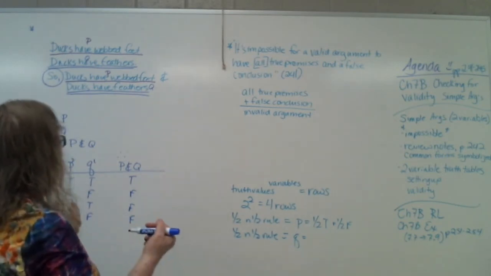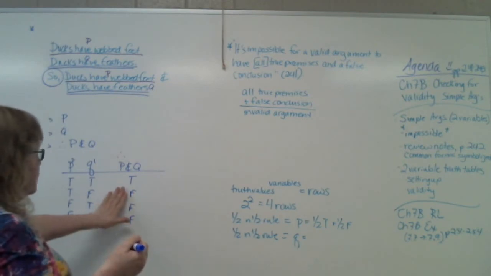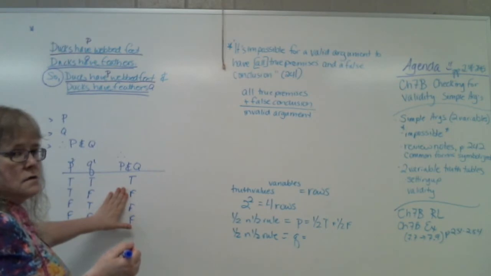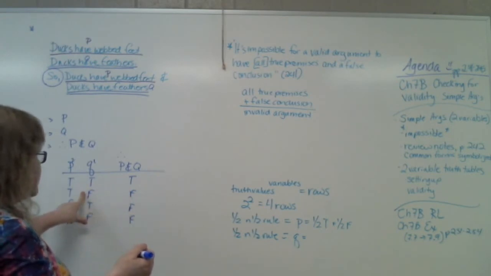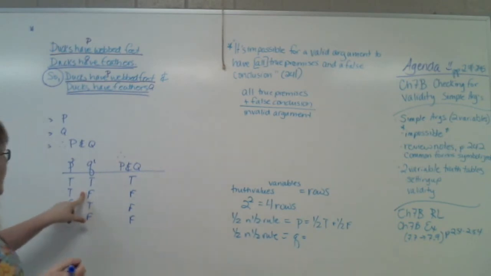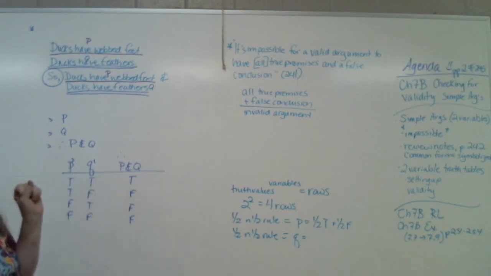Now, what you have to do to check validity is you have to look at your false conclusions and make sure there's at least one false premise to go with it. If we have two truths, in this case, we have two premises, so all my premises are true, like this first line, I have a true conclusion. I don't have to worry about it, okay?